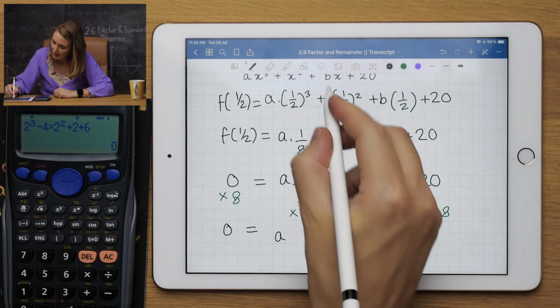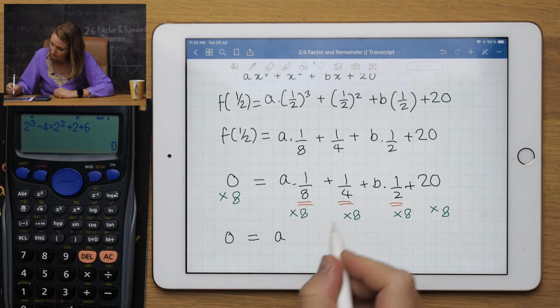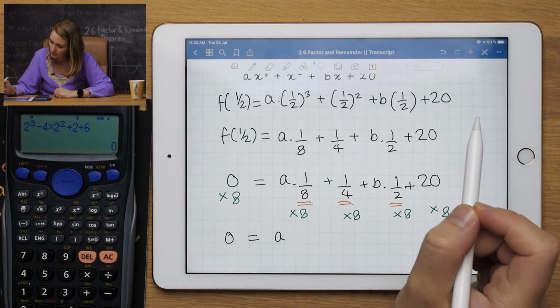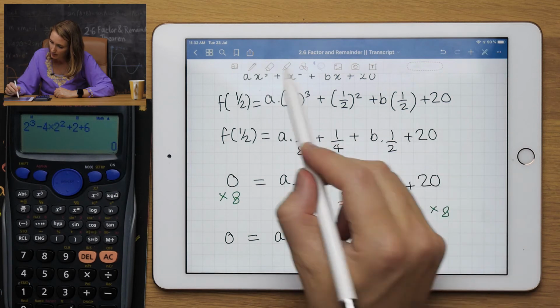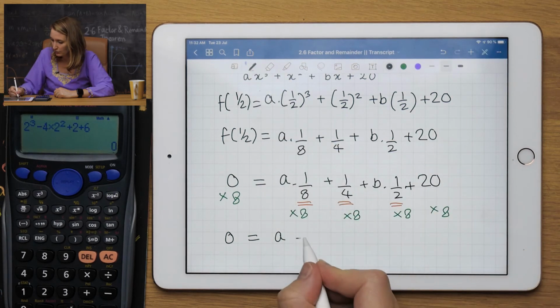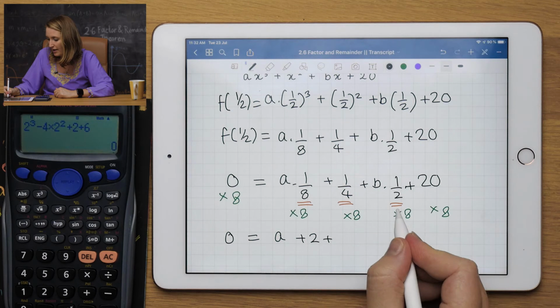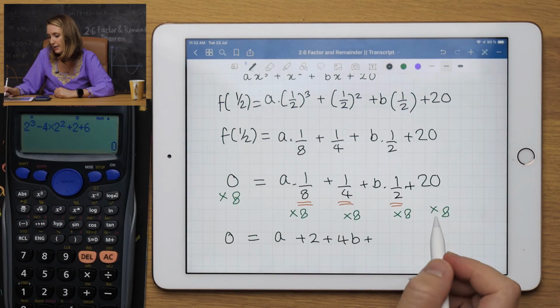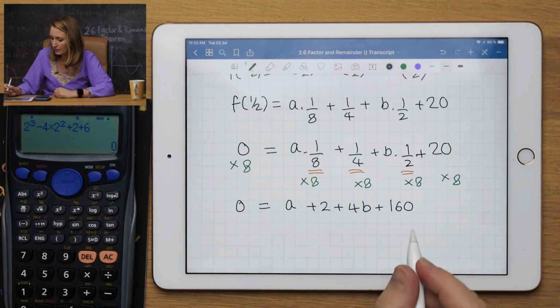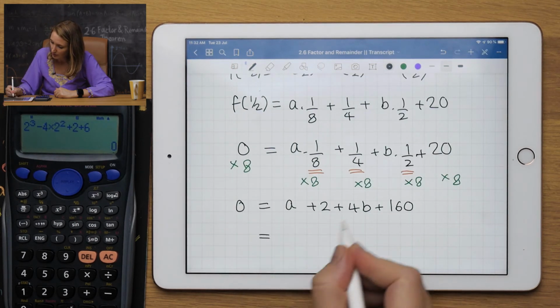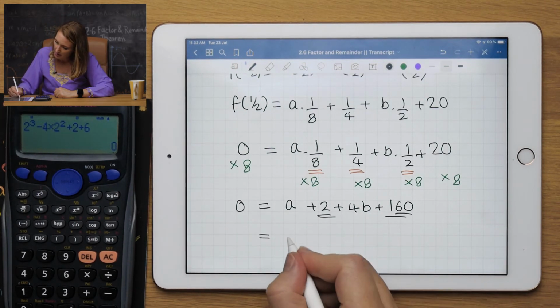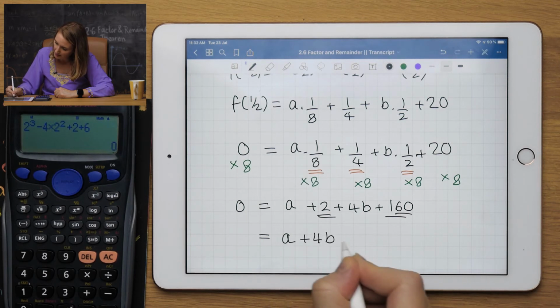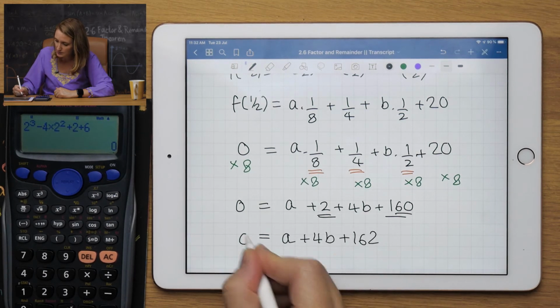So this would be a. A quarter times by 8 would be 2. A half times by 8 would be 4, so we have 4b, and 20 times by 8 would be 160. So we would have, if we add all our like terms together, a plus 4b plus 162 equals 0.